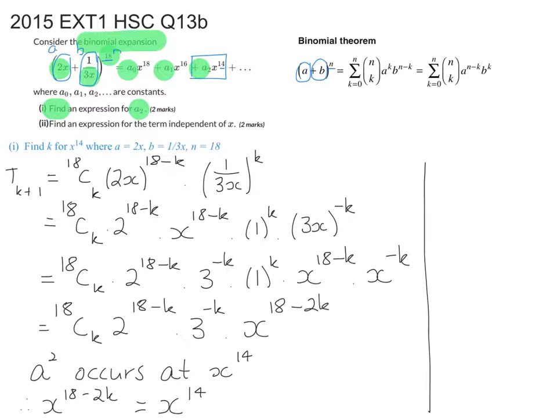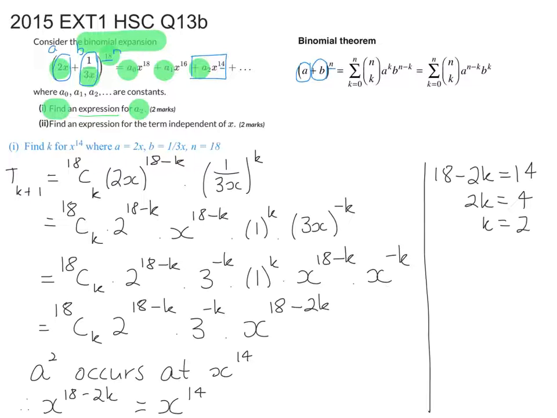So equating the powers gives us our equation to solve, and will find for us that we're looking for the value of k at k equals 2. Now, as we're required just for the expression for a2, we don't need the x value on the end of that, we just want the coefficient in front of x.